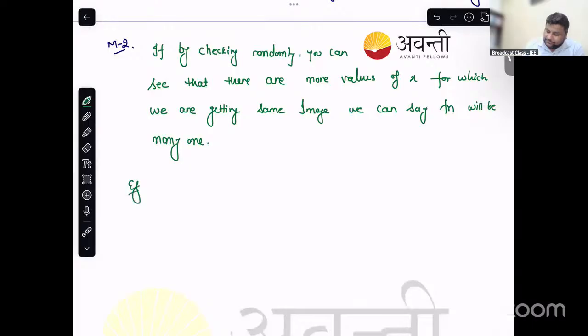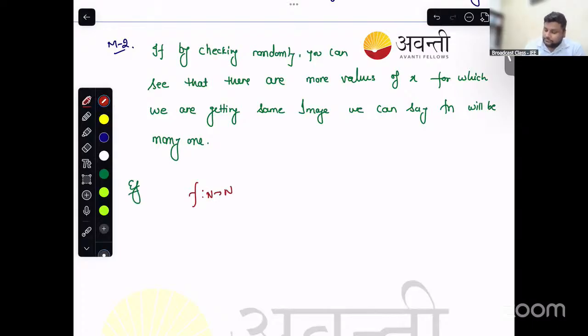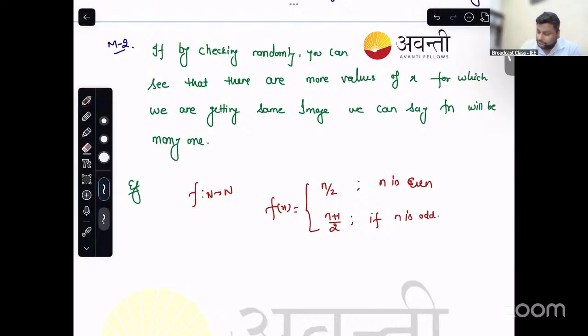For example, a simple function is f from N to N, f(n) equals n by 2 if n is even, and (n plus 1) by 2 if n is odd.